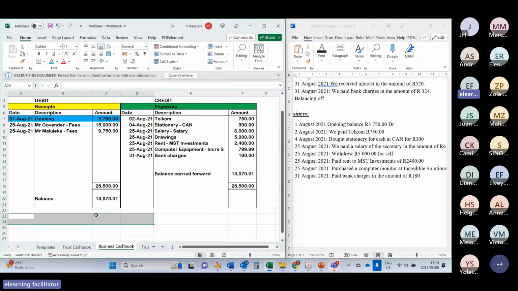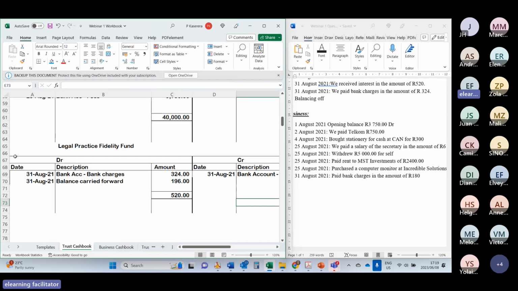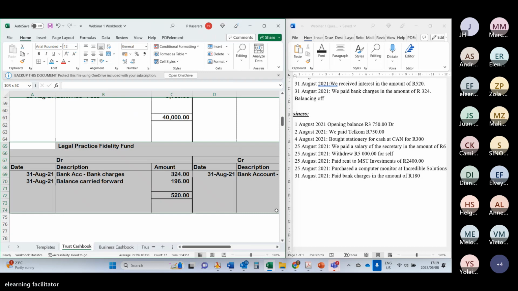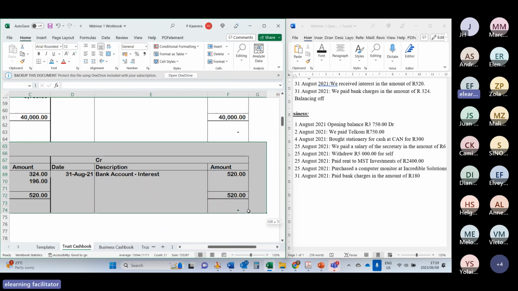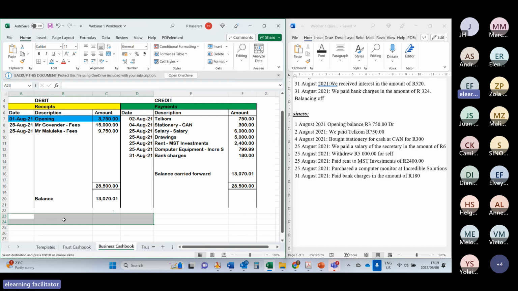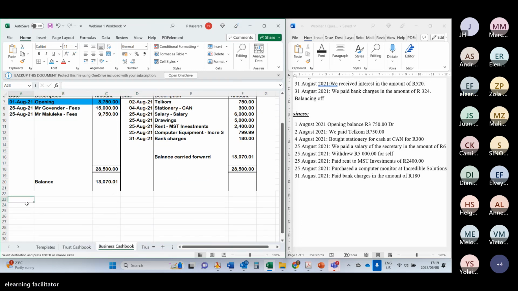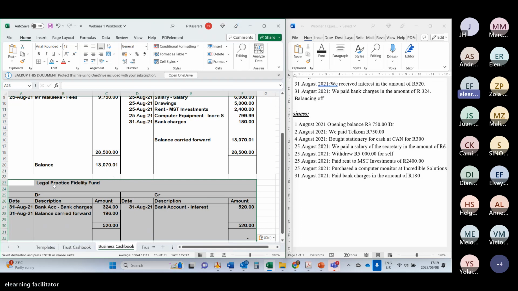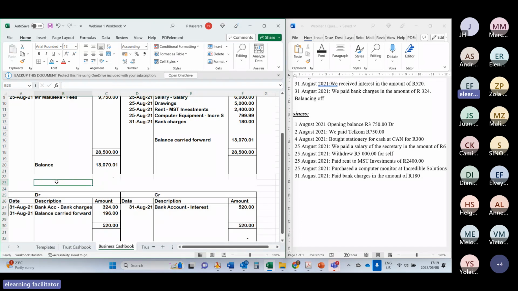I'm going to copy one ledger from our trust cash book just so that I don't waste time. So our ledgers, the format is the same as long as we are doing T accounts.